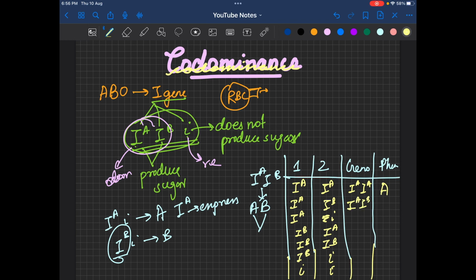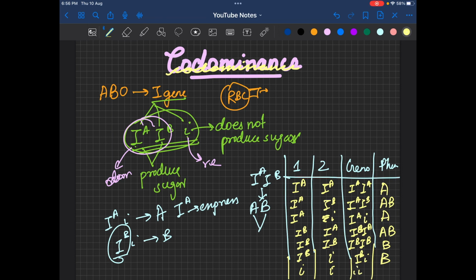IA IB, again both dominant, so AB. IA and small i, we have A because A is dominant. IA IB or IB IA is the same, so we have AB. Now IB IB is B because B is dominant. IB and small i is B again.